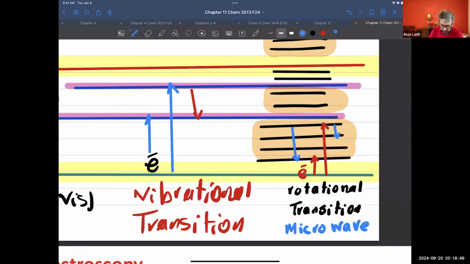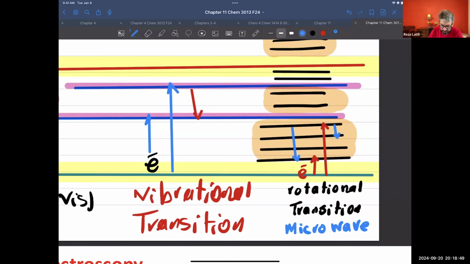And we are sending the electron from one vibrational layer to another vibrational layer. Because the gap between them is less, the energy that you need to use will be less, and it will be in the infrared range.